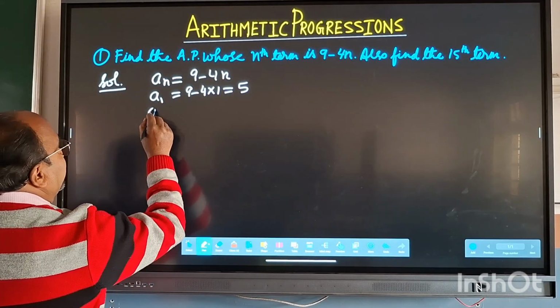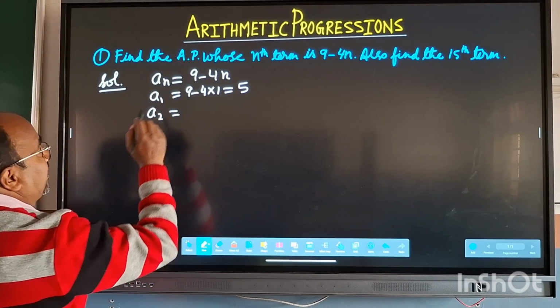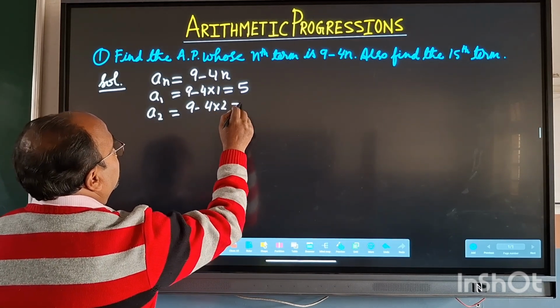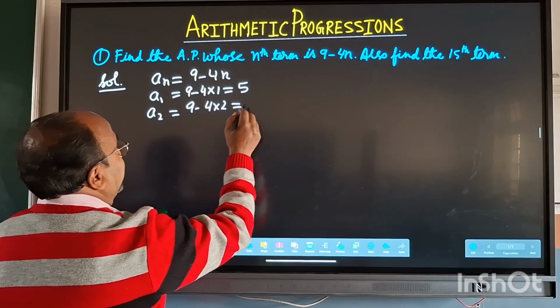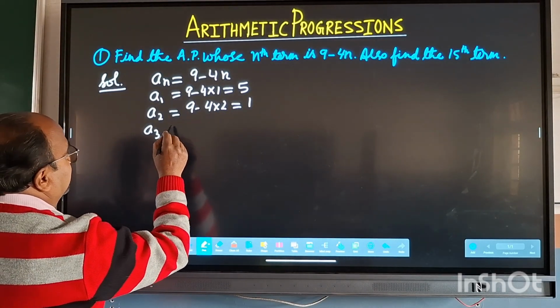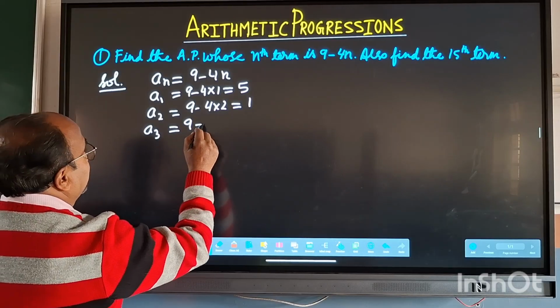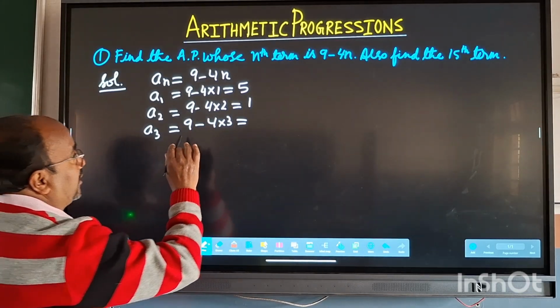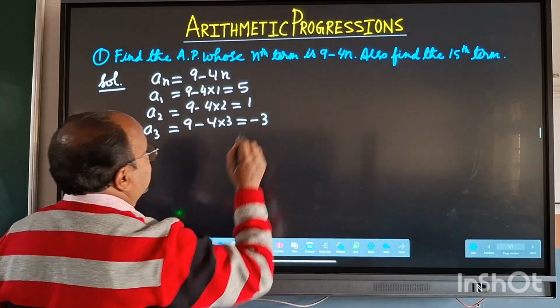Then I go to find A2. In place of n, I am putting 2, so 9 minus 4 into 2. 4 2s is 8, 9 minus 8 will give me 1. And then I find the third term also, 9 minus 4 into 3. 4 3s is 12, 9 minus 12 will give me minus 3.